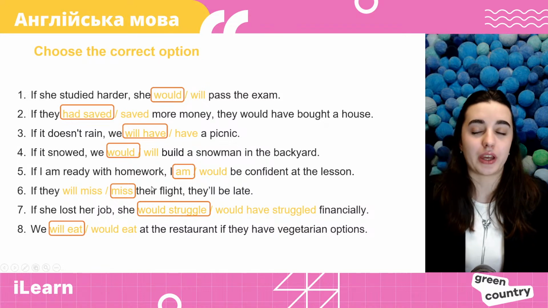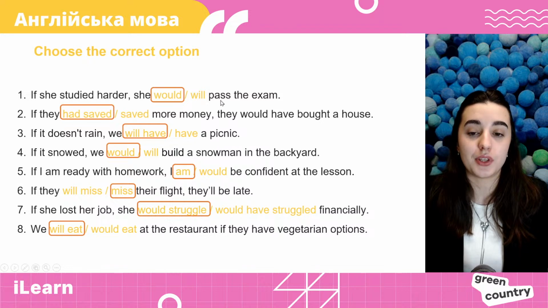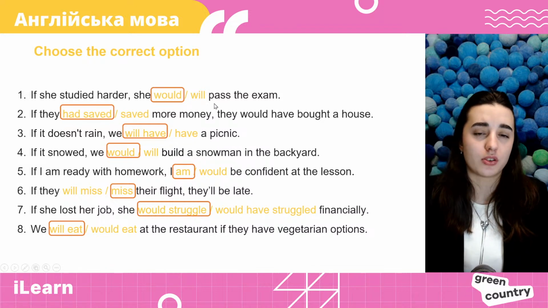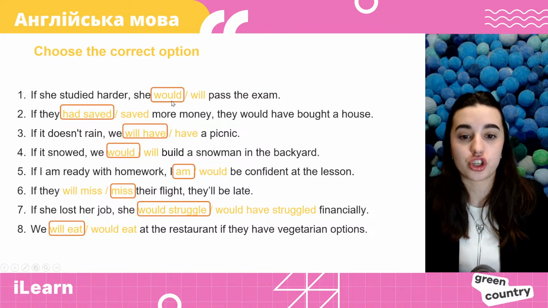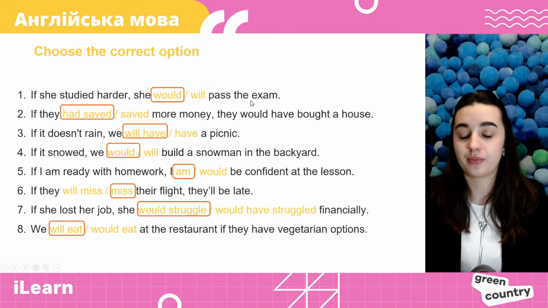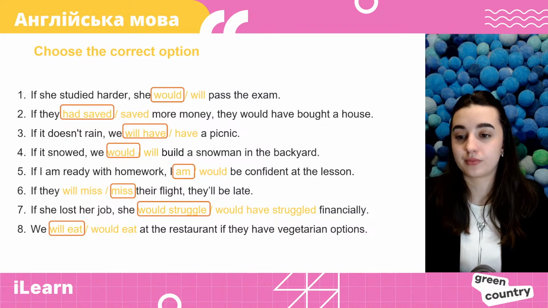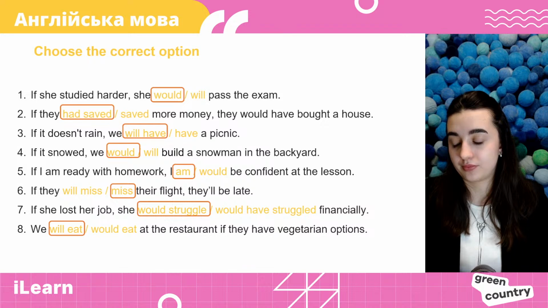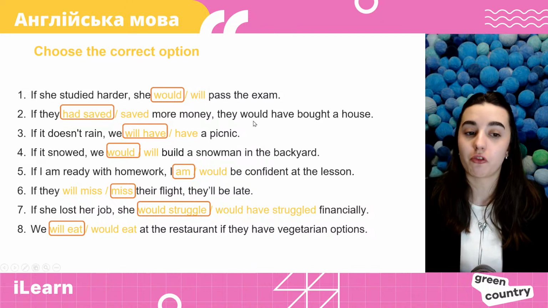And now let's quickly recap with you just numbers of the conditionals. Please write in the chat just number 0, 1, 2, or 3. So if she studied harder, she would pass the exam. What conditional is it? All right. If they had saved more money, they would have bought a house.